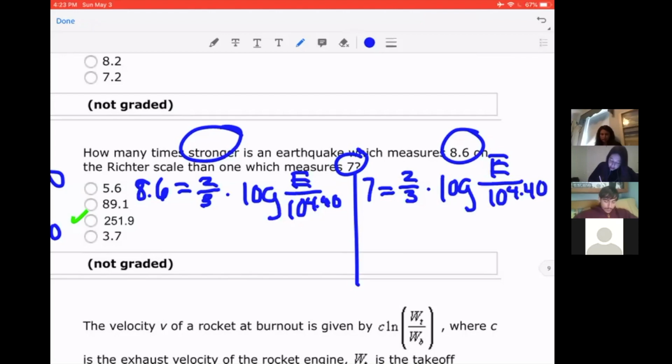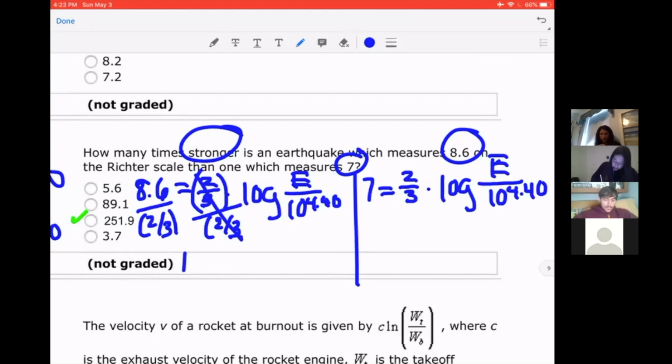So this 2/3, I'm just gonna deal with it kind of as 1, and I'm gonna divide both sides by 2/3. So divide both sides by 2/3, 8.6 divided by 2/3. Make sure, guys, when you put that in the calculator, the 2/3 is in parentheses. If it's not, you can get a different answer.